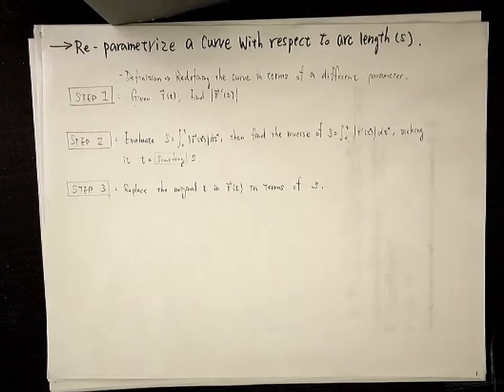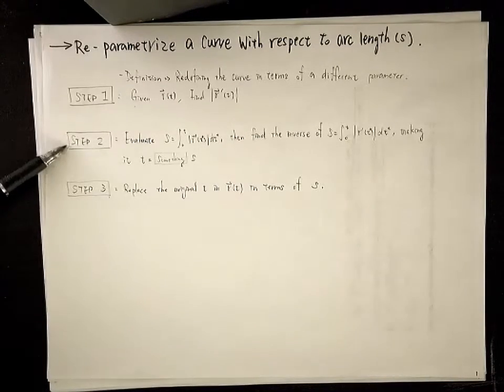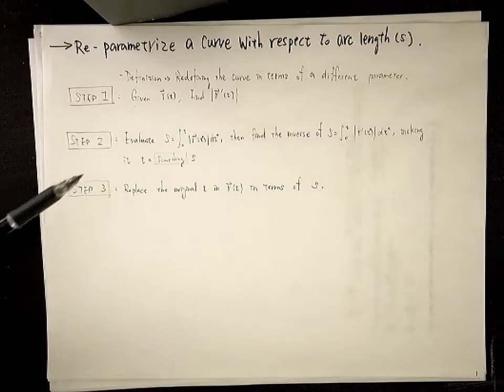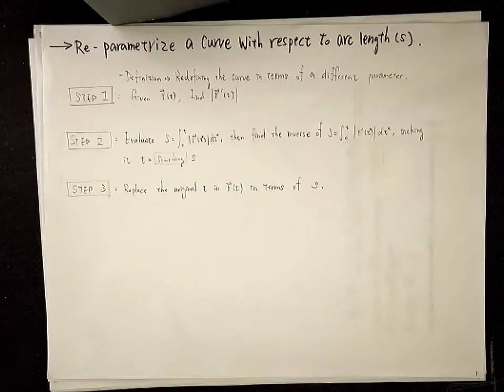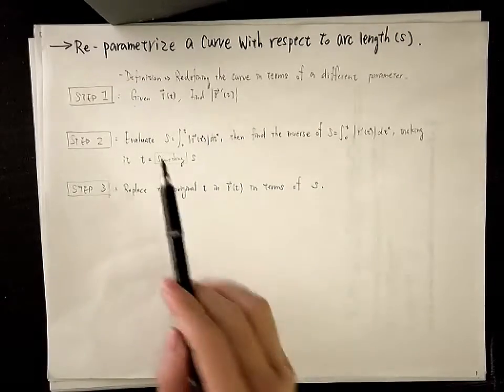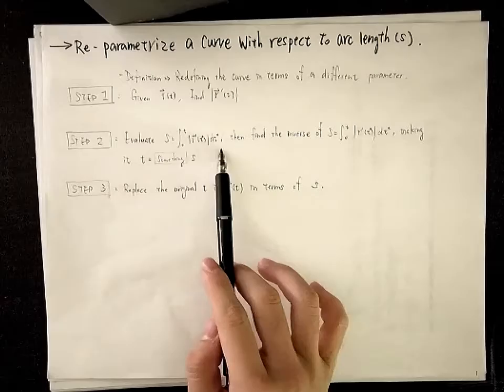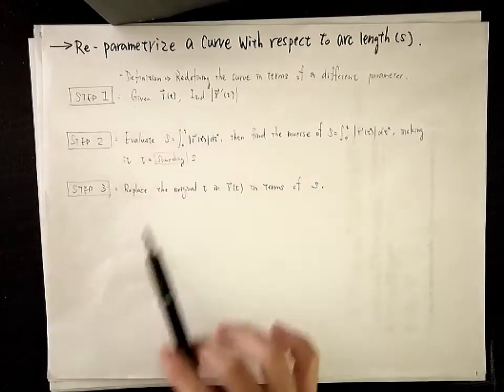So step one, we have r of t, so we have to find the absolute value of r prime of t. And step 2, evaluate the arc length, basically. So we make s equals the integral from 0 to t of the absolute value of r prime of t star, dt star.